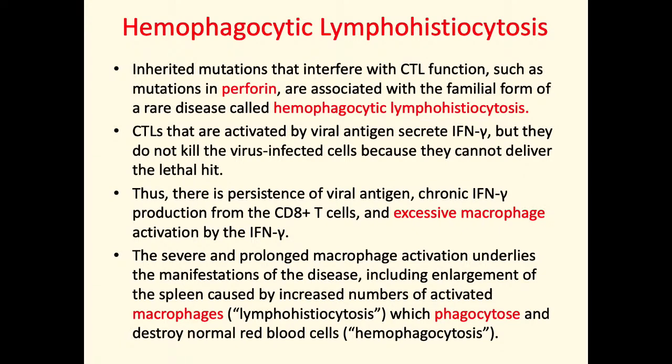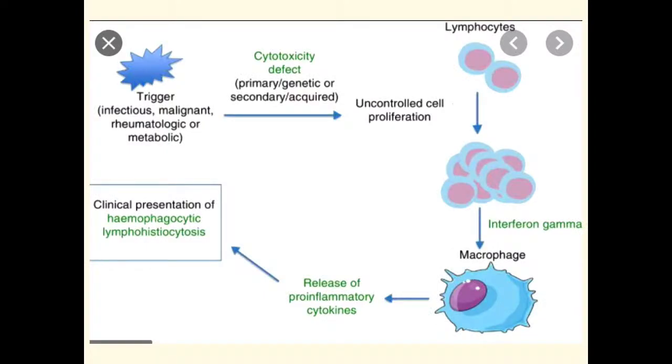Normally those T cells are activated but the perforin can't do its function, so can't kill those target cells, and therefore we have more and more activation of T cells in order to overcome this, but it does not help. It leads to many interferon gamma release and excessive macrophage activation, and that's why we have this vicious cycle that leads to tissue damage and the development of the disorder.